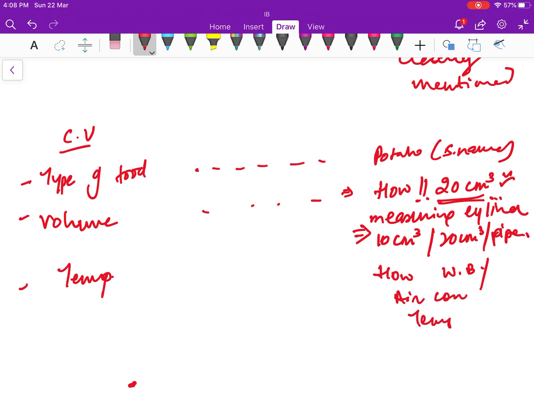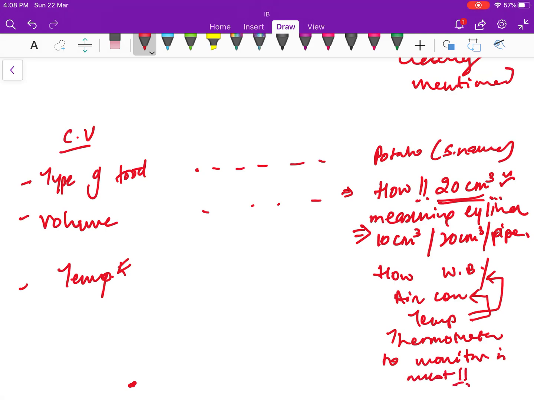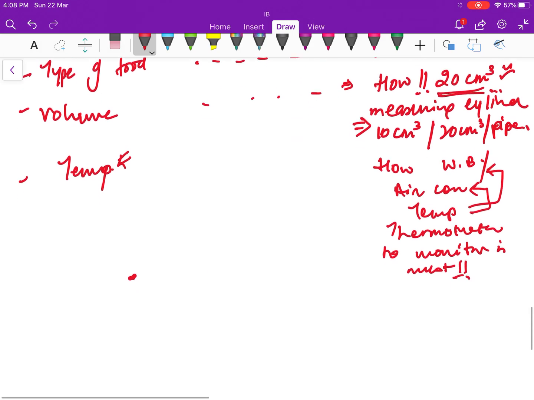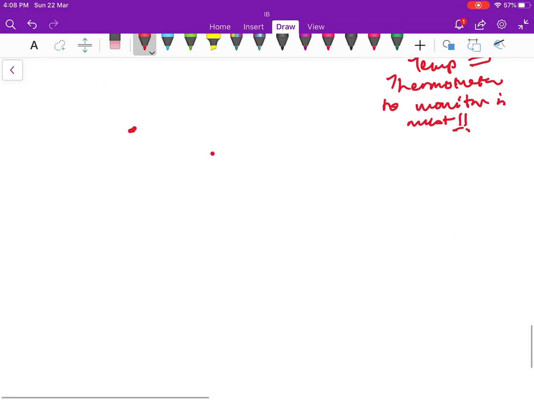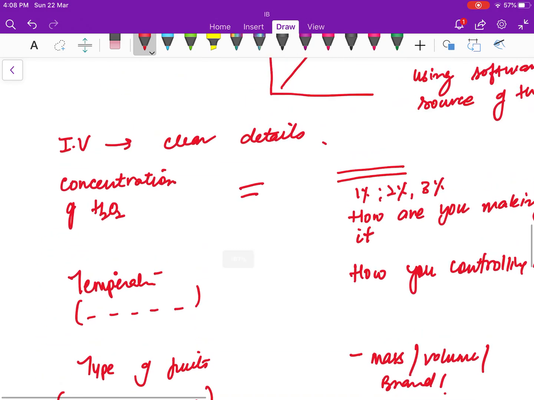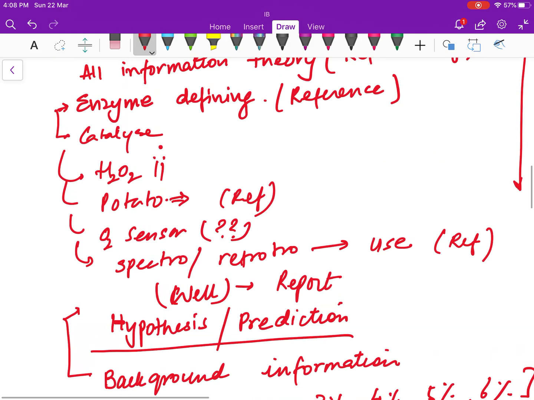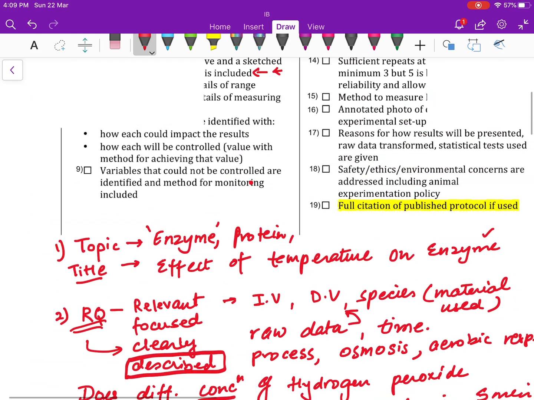What temperature are you keeping your water bath at? What temperature are you keeping your aircon at? It should be clearly mentioned here. If your independent variable is temperature, use of a thermometer to monitor is a must. So the list of control variables should be very clearly given, how you are controlling them, not only what you are controlling.